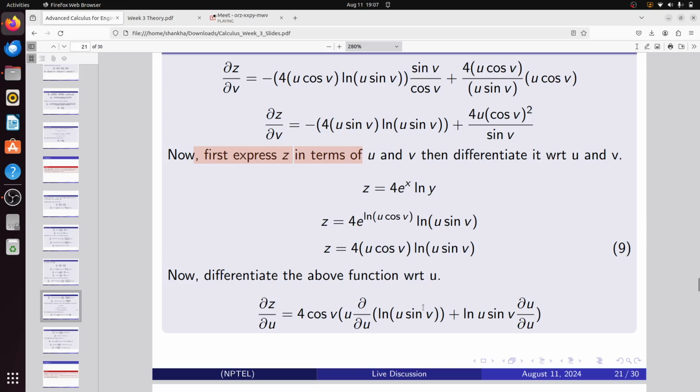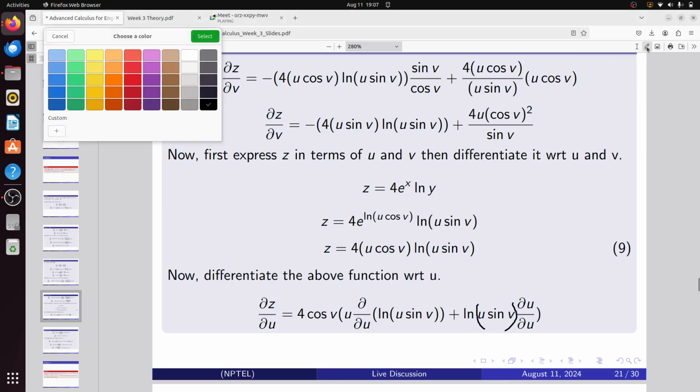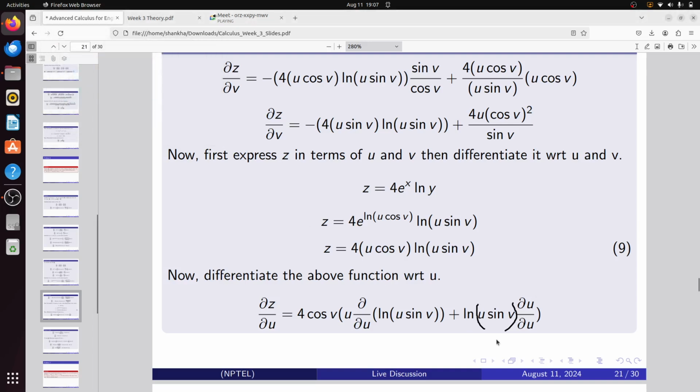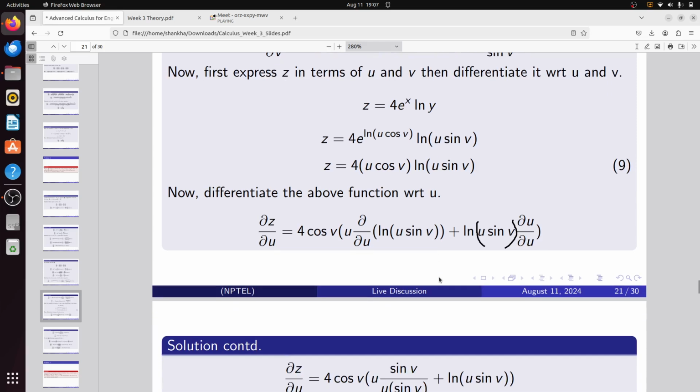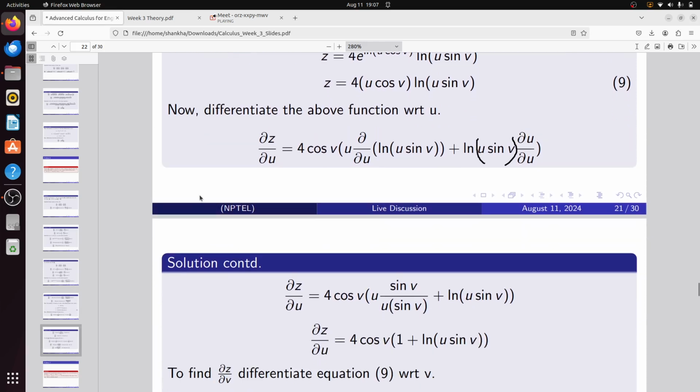So 4 cos v is outside the bracket, you will get u ∂/∂u of ln(u sin v), plus ln(u sin v) ∂u/∂u. From here you will get 4 cos v outside, and u/(u sin v) into sin v, so that will be 1, and here you will get ln(u sin v) as usual because ∂u is 1.